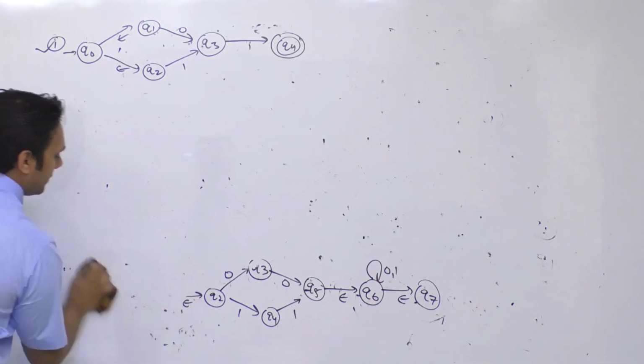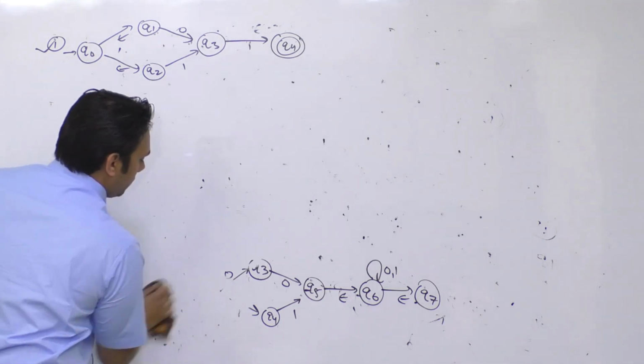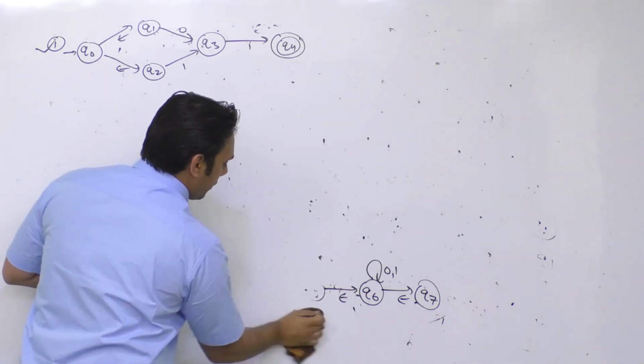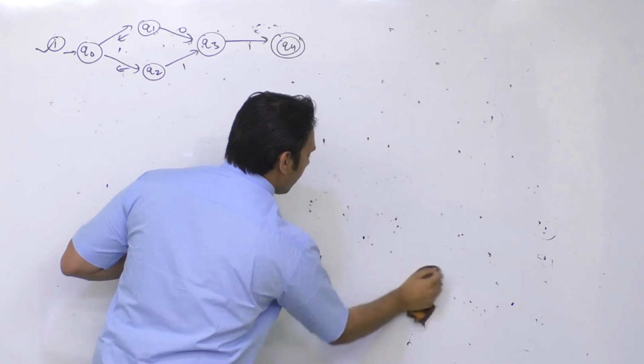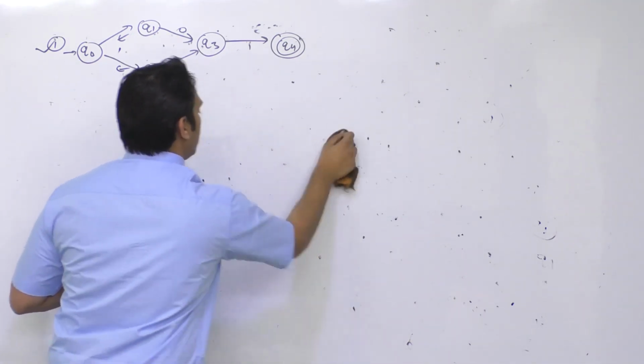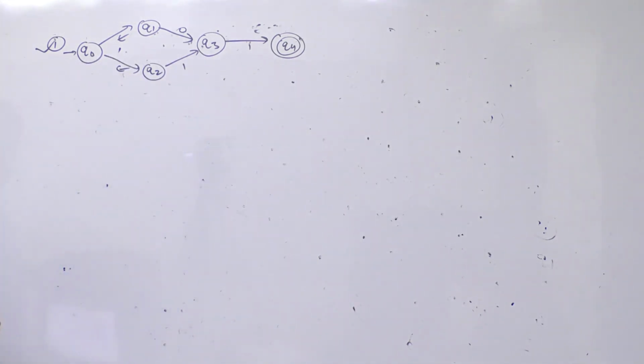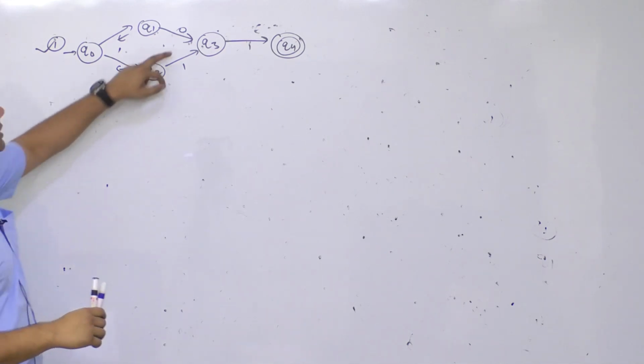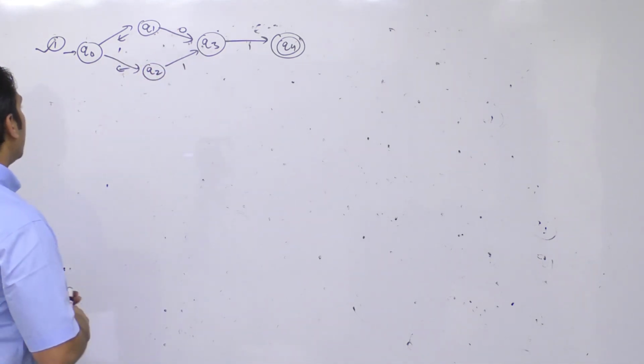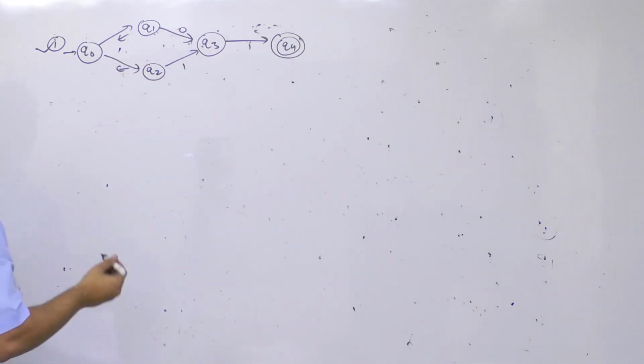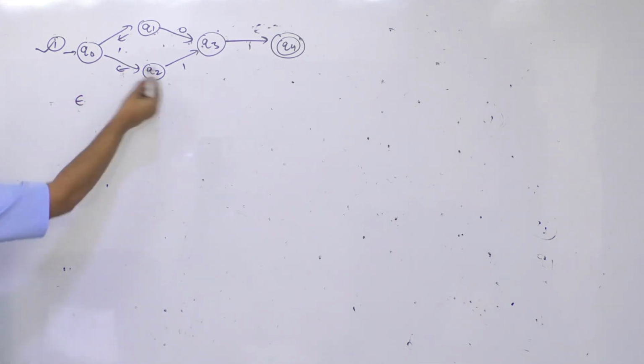So let me take the first example here. In the first example you have 2 input symbols, which are 0 and 1. Okay. Now first of all, let us find the epsilon closure of each of these states.